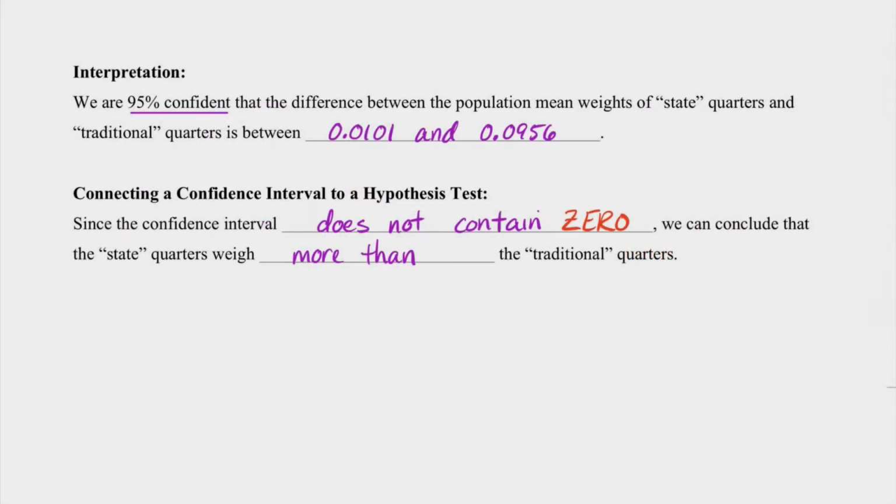Well, keeping that conclusion in mind, and taking a look at our confidence interval, remember we're 95% confident that our confidence interval contains the true parameter. So we're 95% confident that the true difference in the mean weights between state and traditional quarters is between 0.0101 and 0.0956. Well, if that's true, and the truth is in that confidence interval, the confidence interval does not contain 0.